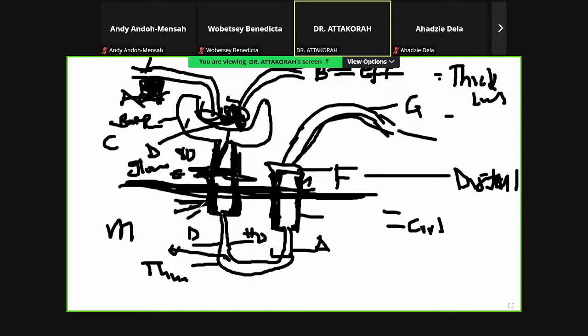It's happening at the thick segment. So we have filtrate going through the loop here, and this filtrate contains water and sodium. 80% of this filtrate coming here will be absorbed, and 20% will move and get into the medulla, and it will pass through this thick loop via the loop of Henle, then to this thick loop again, and it gets back into the cortex.